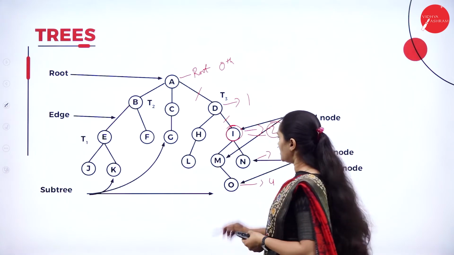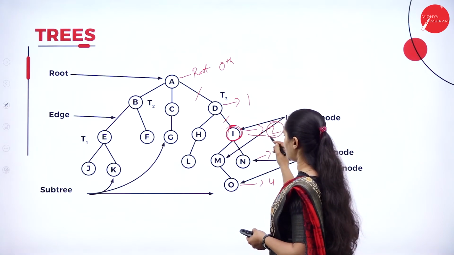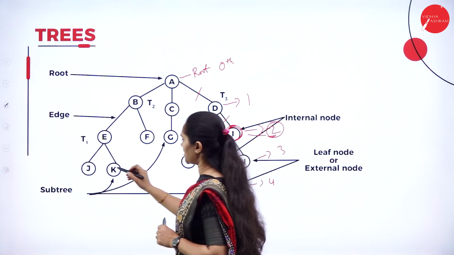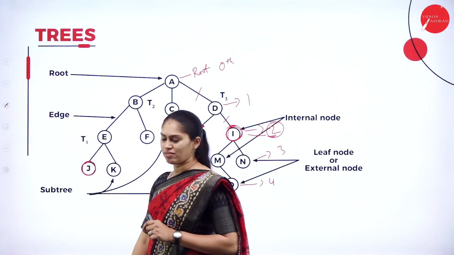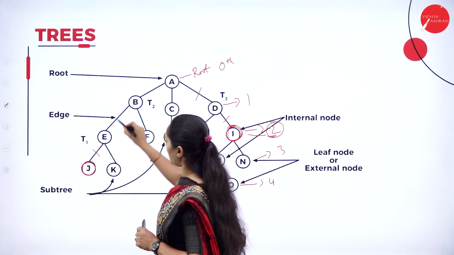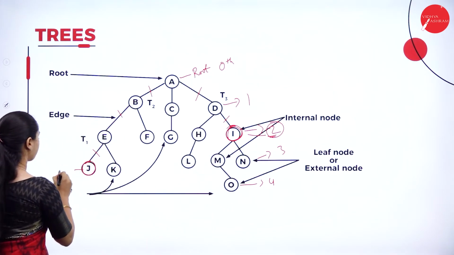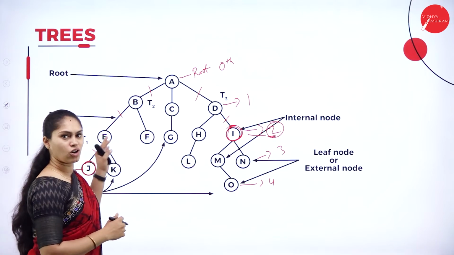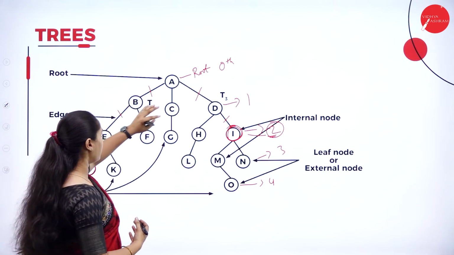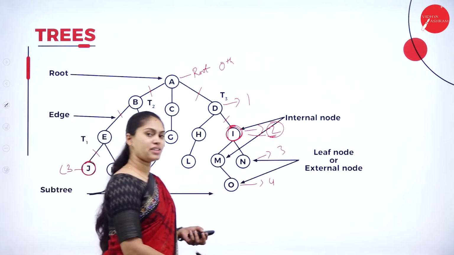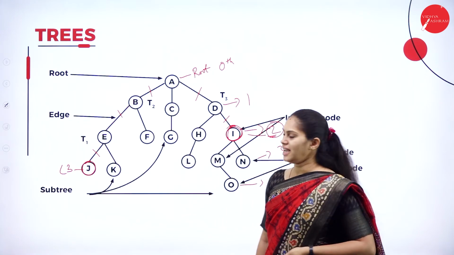So that is why the level of this node I is considered as 2. If you consider this example, what is the level? So this one, 1, 2, 3. So this will be level 3. So the path, or a way, or a distance from the root node to a particular node, we are calling that a level. Fine.